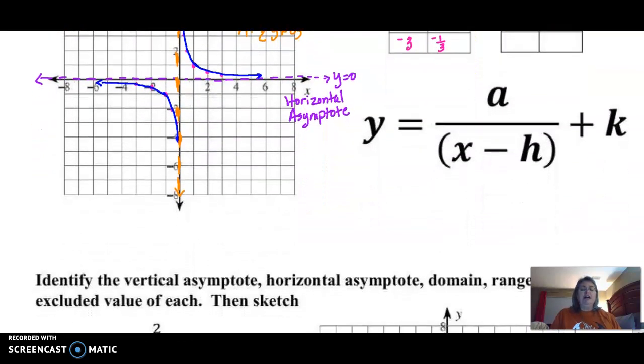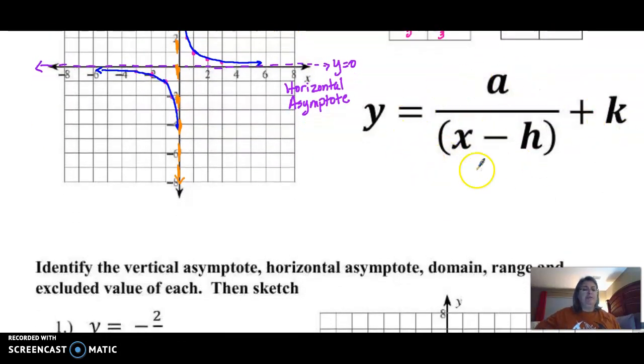Now, just to fill in your little equation, this should look familiar to you. You should be used to seeing x minus h, and you should be used to seeing a plus k on the end. Everything basically works the same. I have color-coded it to help you remember that your h right here is attached to the x value. So that's going to give us a horizontal shift.